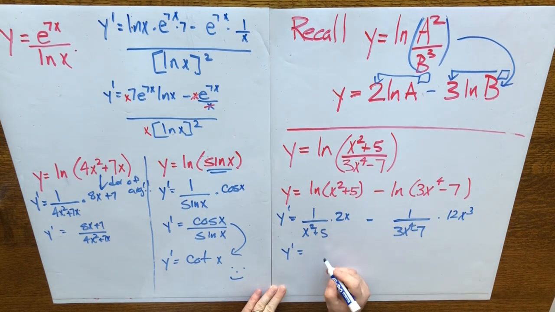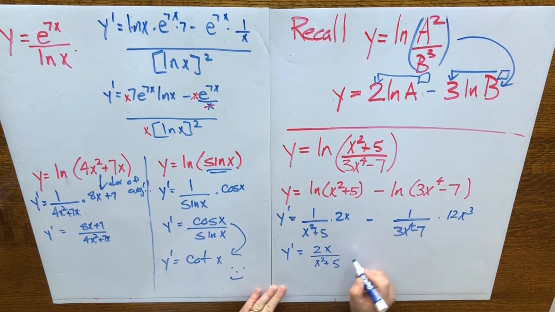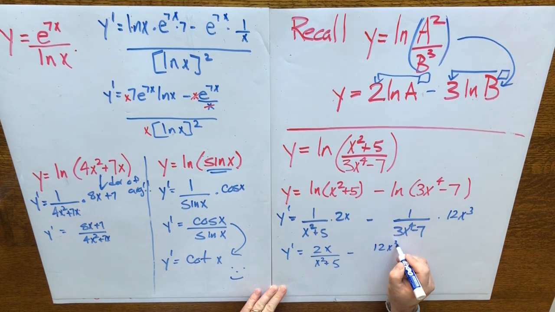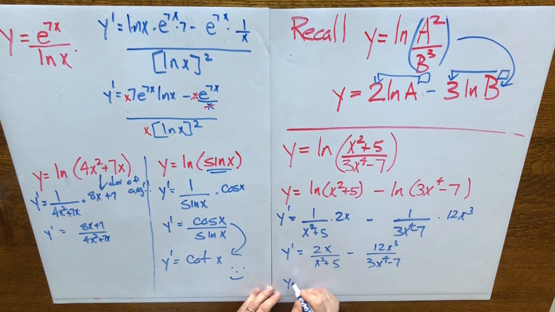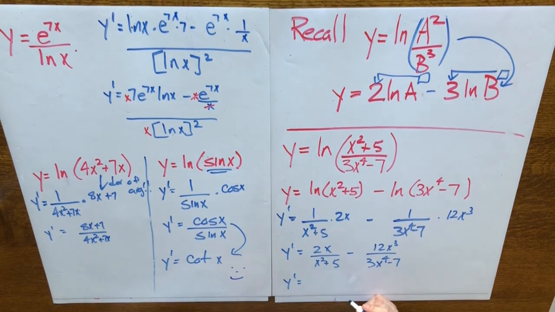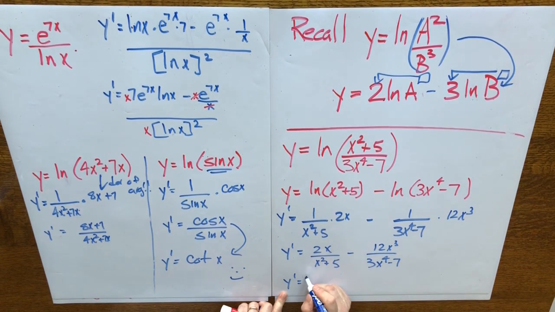So y prime equals 2x over x squared plus 5 minus 12x cubed over 3x to the 4th minus 7. I won't require you to find a common denominator, but at least we can factor out 2x from the numerator and get 1 over x squared plus 5 minus 6x squared over 3x to the 4th minus 7.